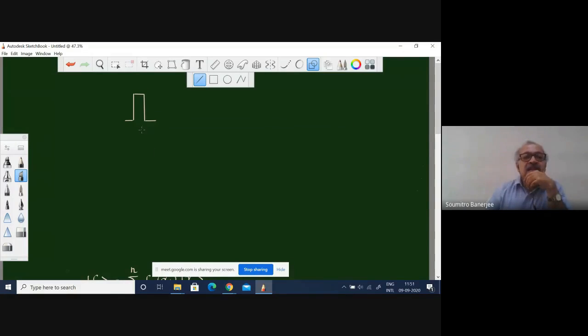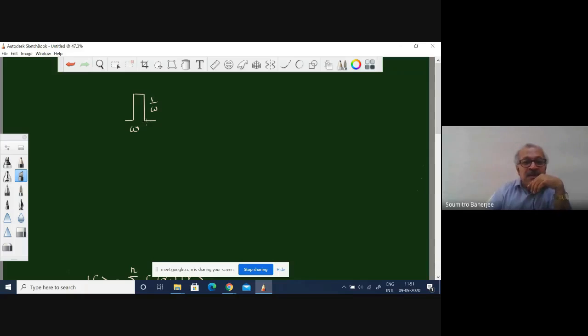Say this width is omega, and this height is 1 by omega, so that the product is 1.